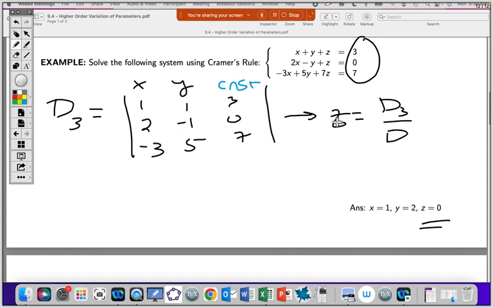Well, it should work out to be 0 if we've done all the calculations correct. It should work out to be 0 for z to be 0 there. So we should have 0 over d, which is 0.